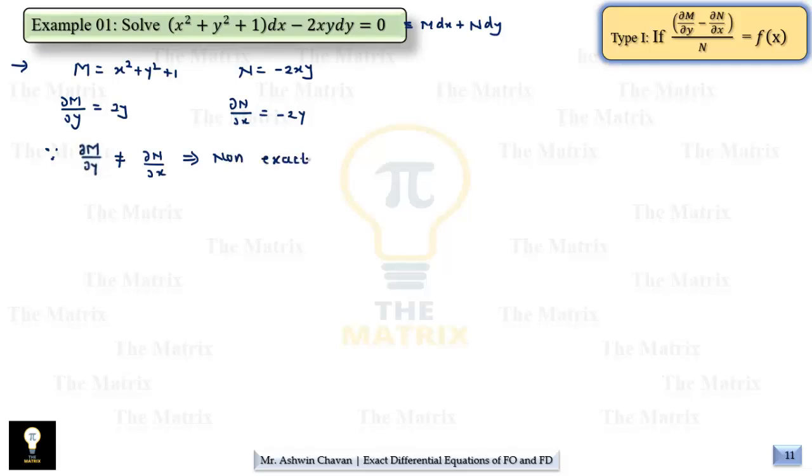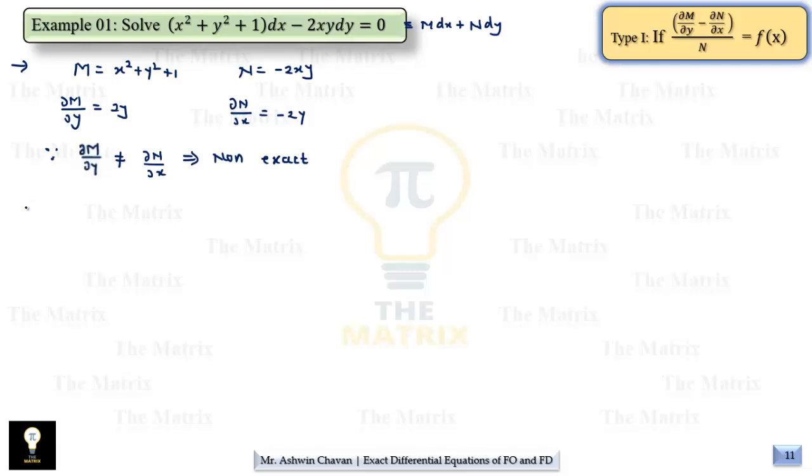Now we will see how to solve such examples. The procedure is, first we find the integrating factor. ∂M/∂y minus ∂N/∂x is 2y minus minus 2y, that is 4y. If that 4y is divided by M, then we cannot eliminate either x or y. But if we divide it by N, then y can be cancelled and we get a function of x.